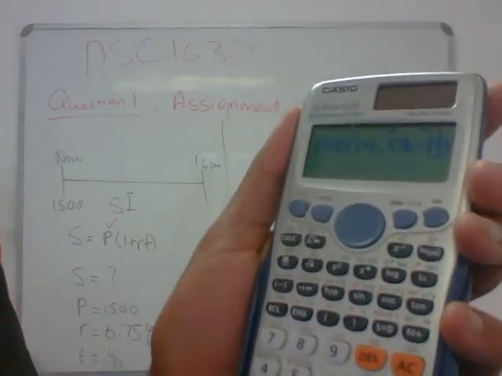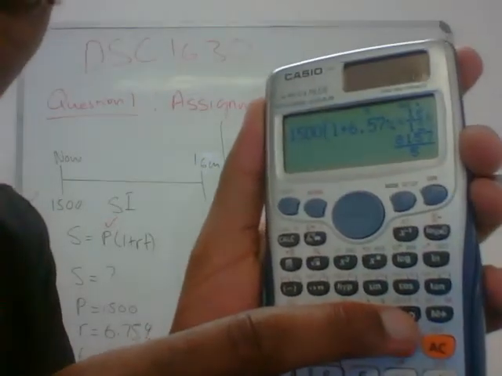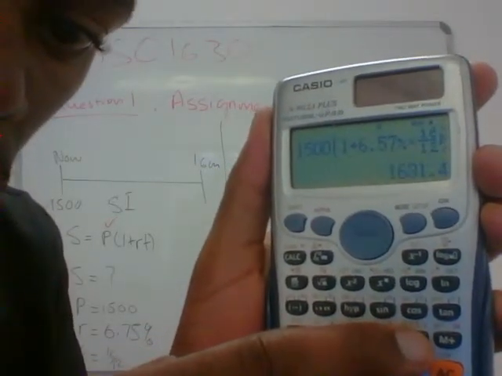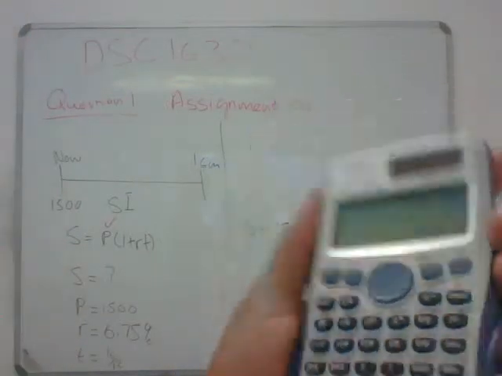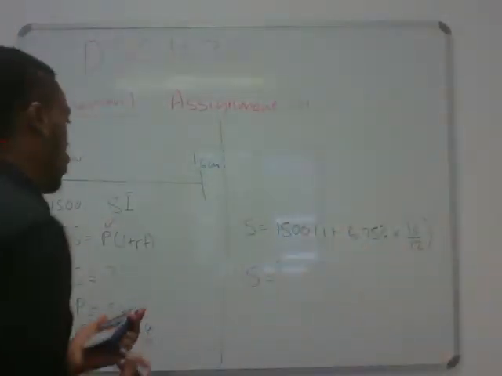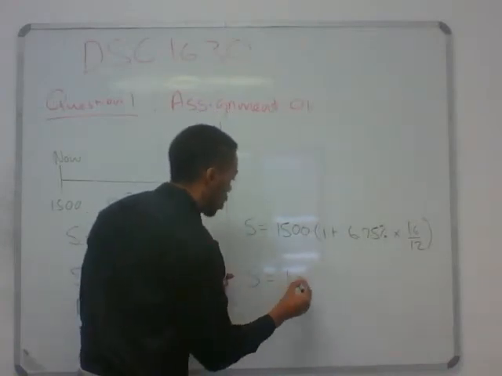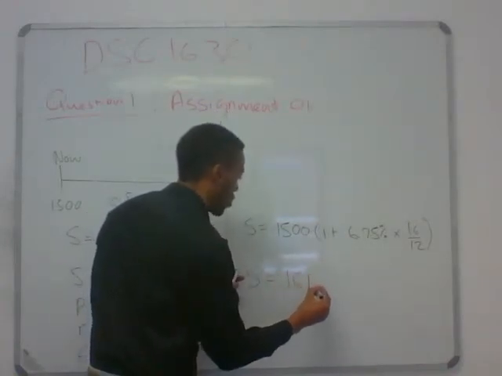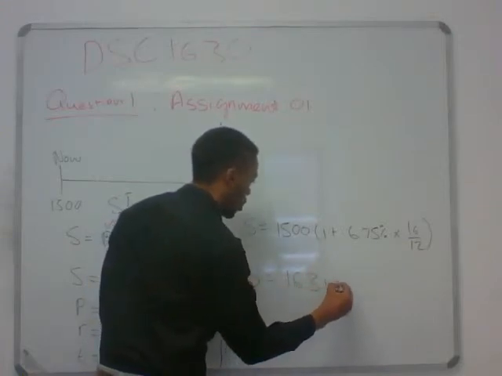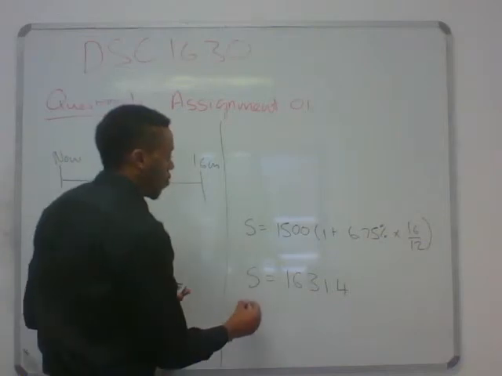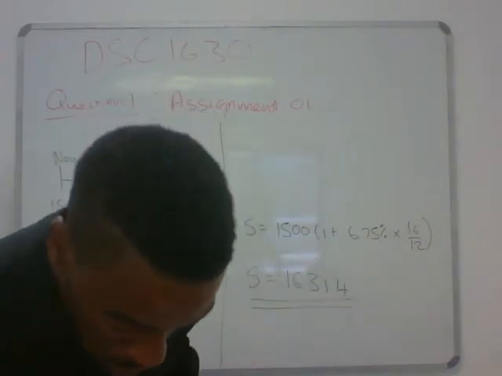Then you press equals. Then you press S-D to convert from fraction to normal number. So you have 1631.4. That's our answer, 1631.4, which will give you option number 1.